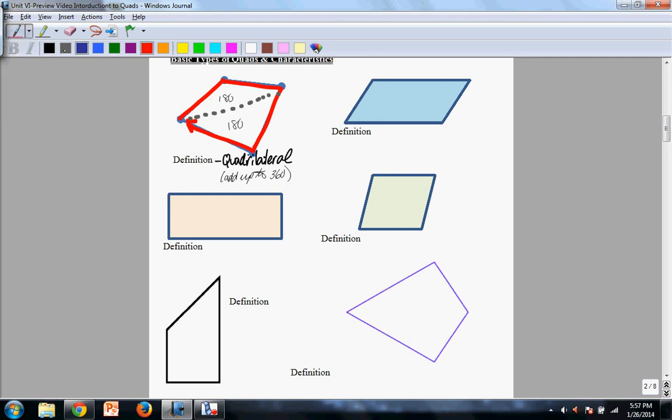The next and most important quadrilateral would be a parallelogram. Let's put the names on the inside here. The definition of a parallelogram is a quadrilateral with opposite sides parallel. So one set of sides parallel, second set of sides parallel.